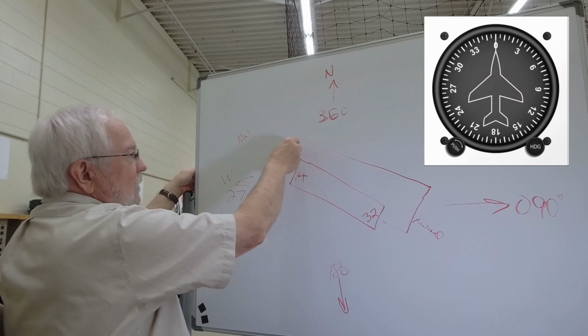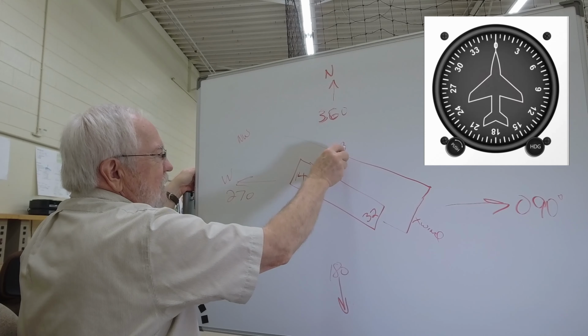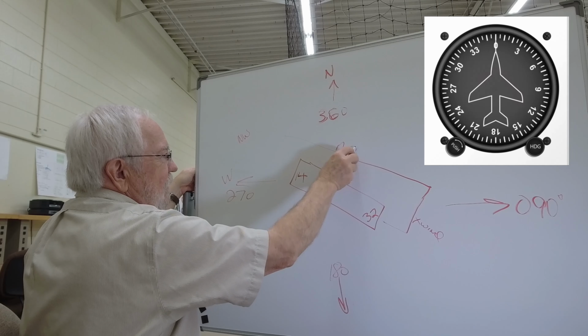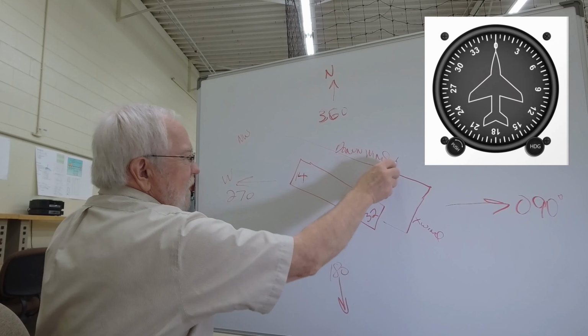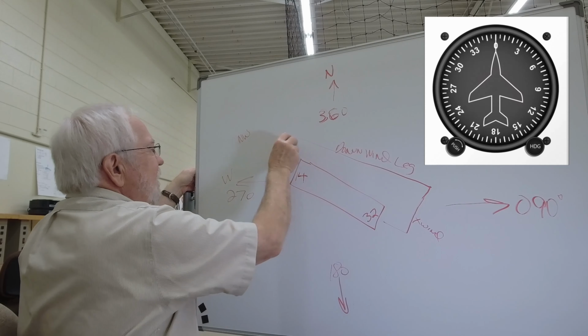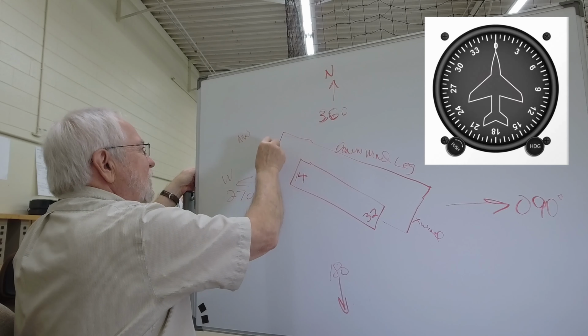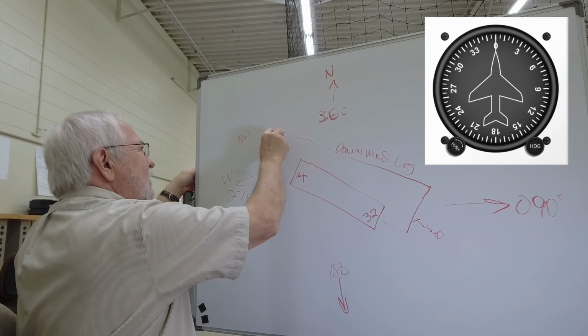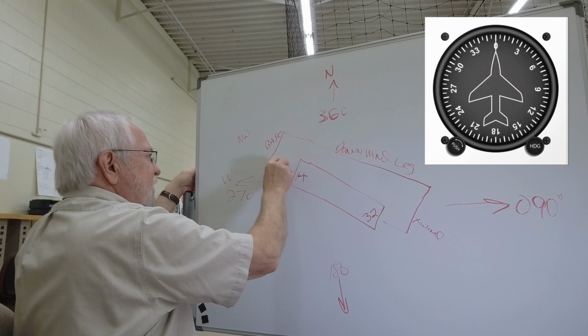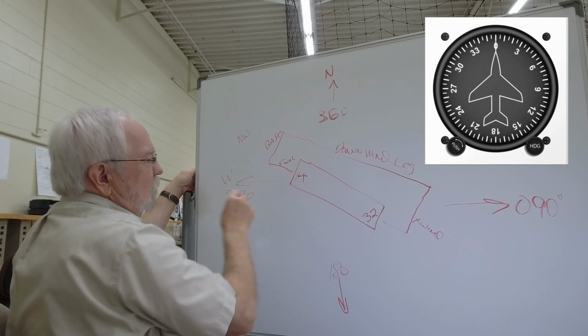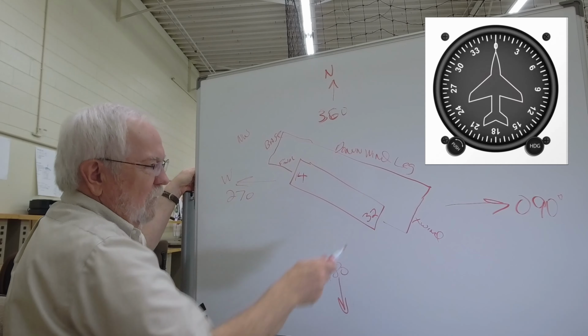And this would be called downwind. That's the downwind leg. And then they get over here and they'd turn base leg. And then they get lined up and they make the turn for final approach. And they do this over and over again.